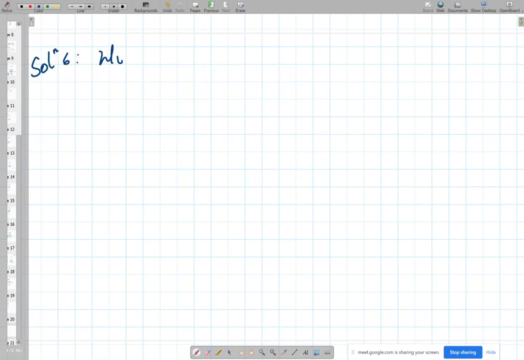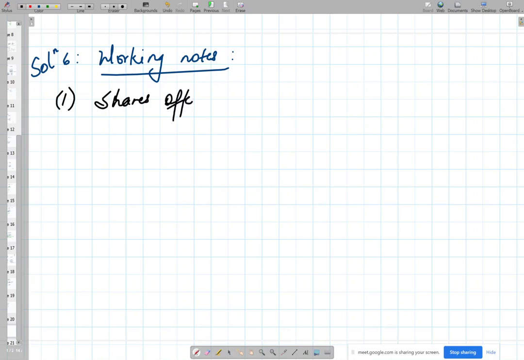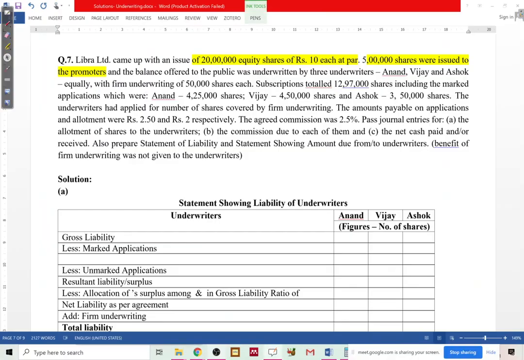Solution 6 working notes. First one, shares offered to public. Very important to get this figure because you can't just give the whole liability to the underwriters. So 20 lakh shares were issued.